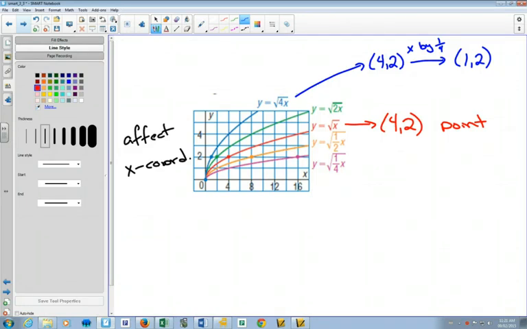In the green graph, same thing. We have a value bigger than 1. Our original point 4, 2, now x would be multiplied by 1/2. And this is the hard part in this unit, just remembering what's the opposite, what acts the same way.